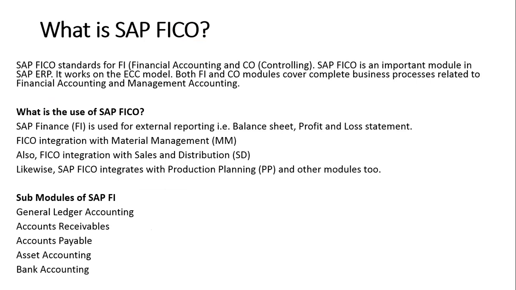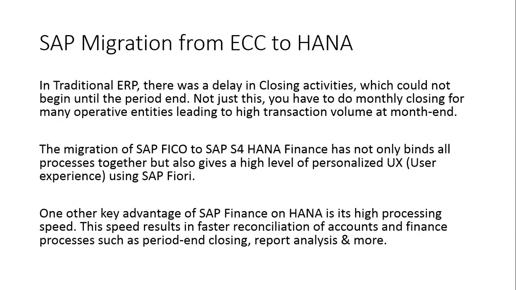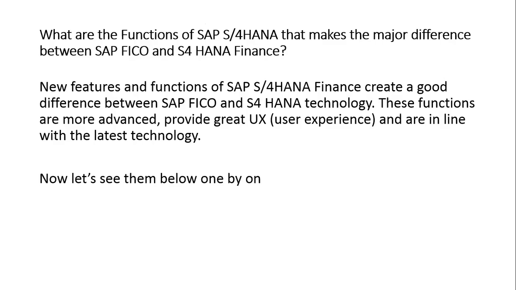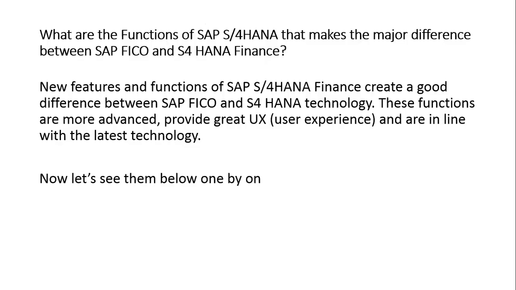We're not going to spend much time here because this course is just for discussion on S4 HANA. We're going to go deeper into finance when we get to our next class. But let's look at some of the changes that have happened.